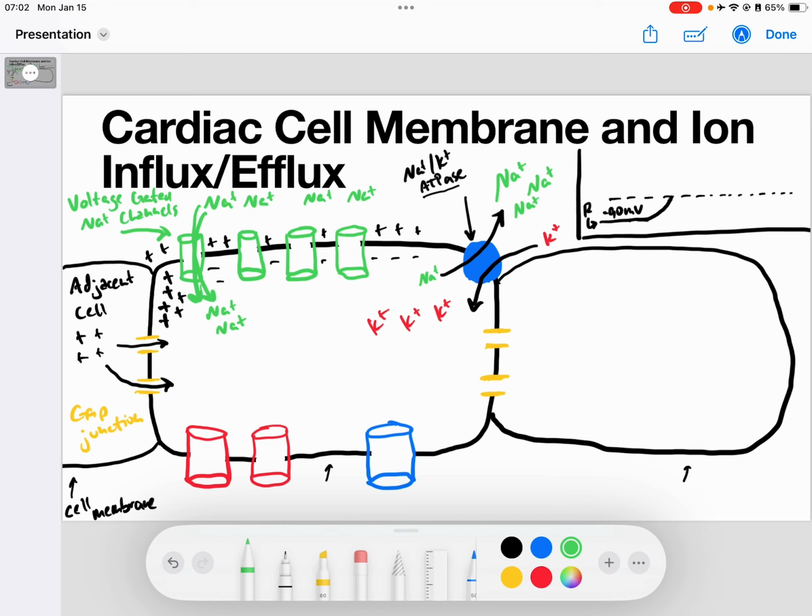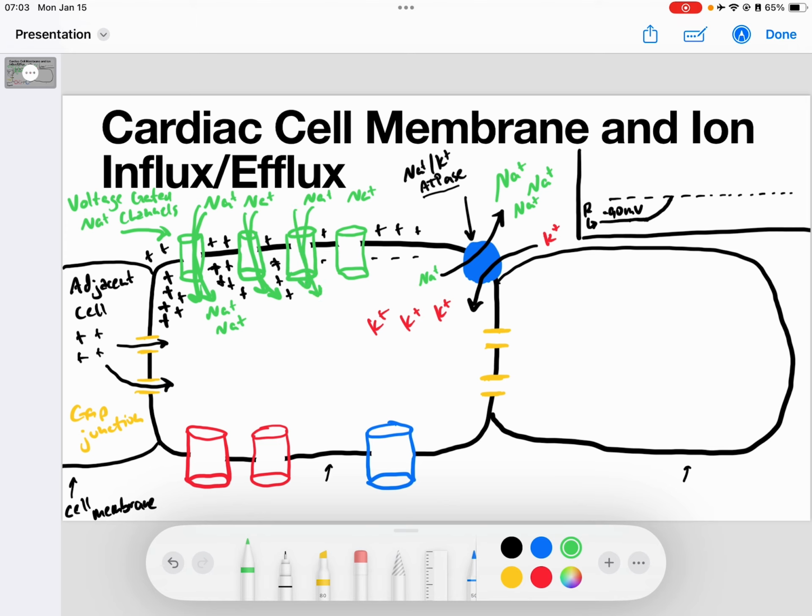Well, what happens when these positively charged sodiums come in? Well, it changes the area right next to it to become more positive, because these are positive ions. And that activates the next sodium channel. We get more sodium influx, which creates more positivity in the inside. And we send in the next set of sodium in.